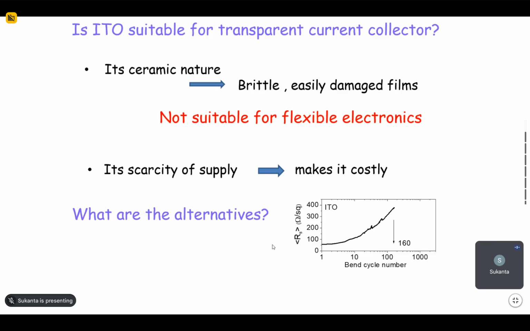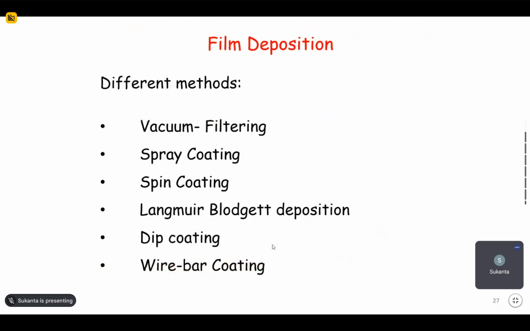But here we'll use it for constructing a flexible transparent supercapacitor, as a current collector. So nanostructured materials may be useful, and we have tried to test whether these can be useful for making a transparent conducting thin film.